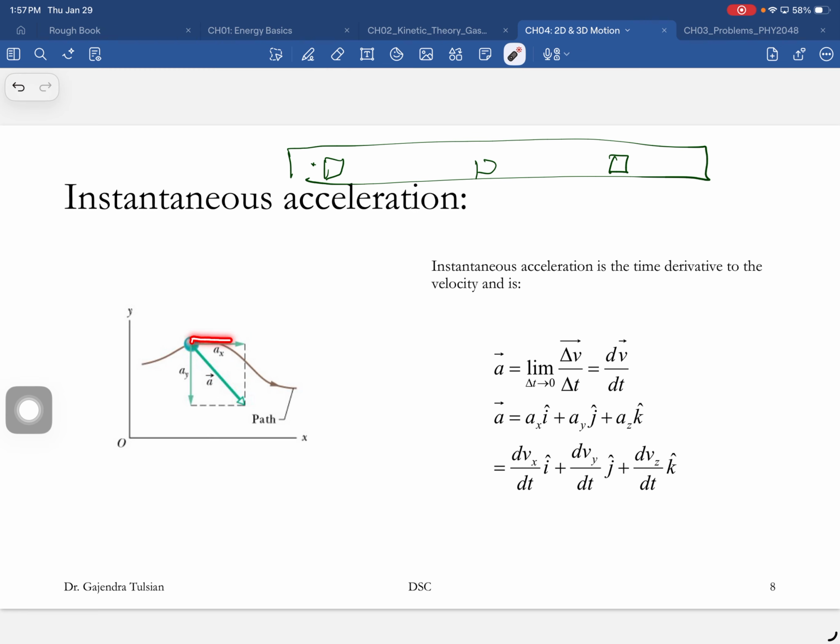Now we'll specialize to 2D motion. You probably heard this phrase before, projectile motion. Projectile motion is an object traveling where there's only one force acting on it, and the force is gravity.